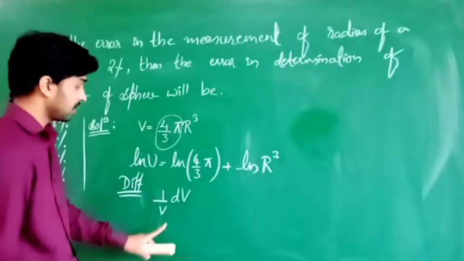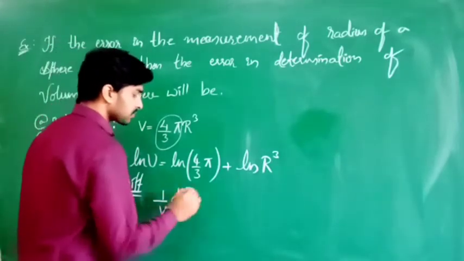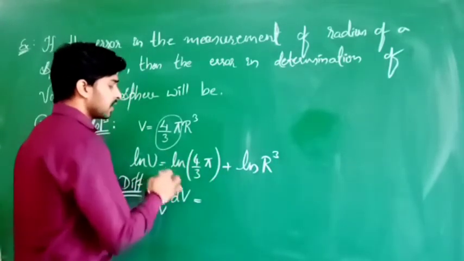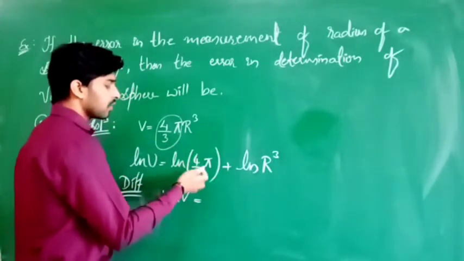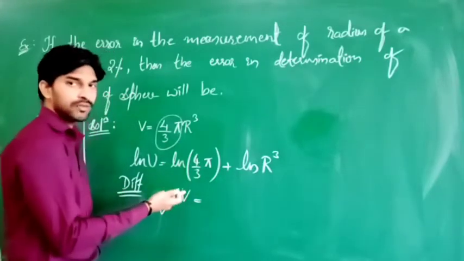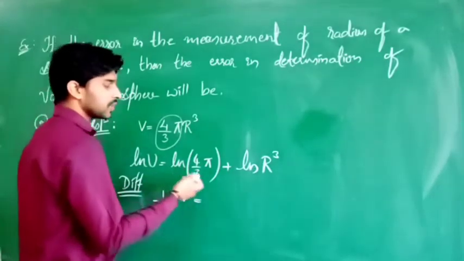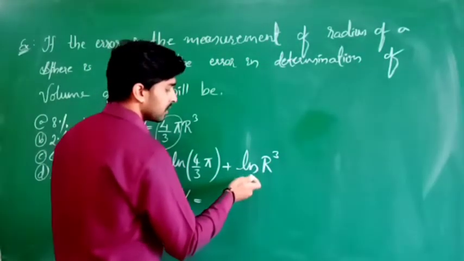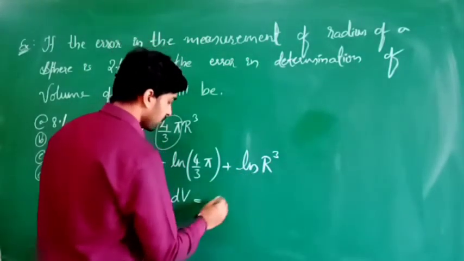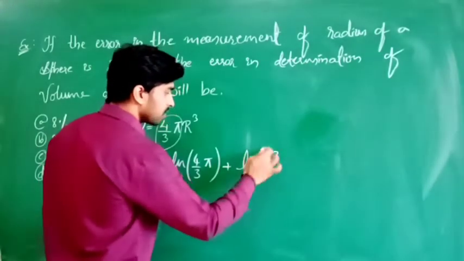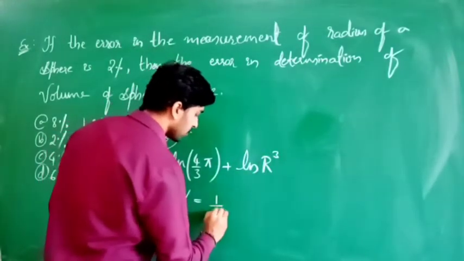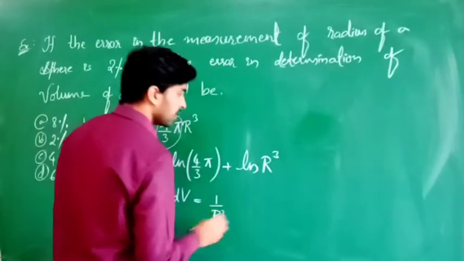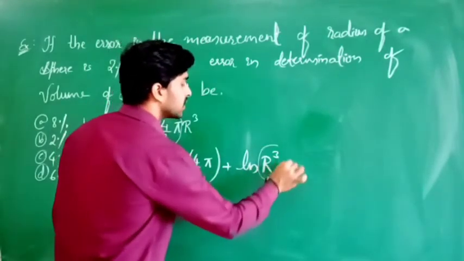Clear? Remember. Next, this quantity is nothing but a constant, the log of a constant. Even if we differentiate it, we are going to get 0 here. Next, here we have log of r cube, so differentiating it gives 1 divided by r cube. Next we differentiate r cube.